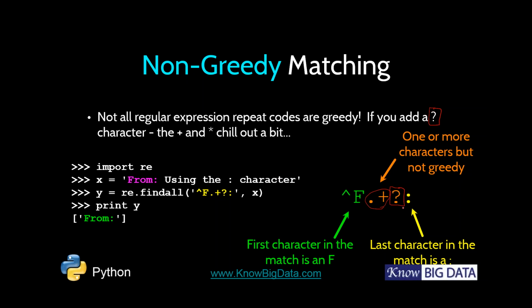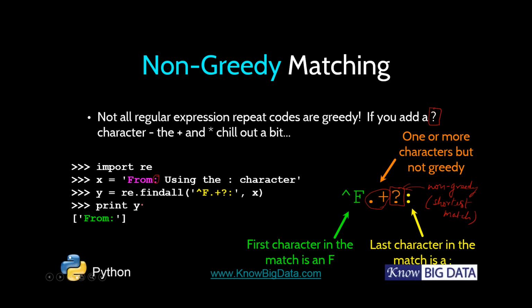So the question mark says that I want to find it in a non-greedy way. So what does it mean? I want the shortest match, and hence it ends up at the first colon.